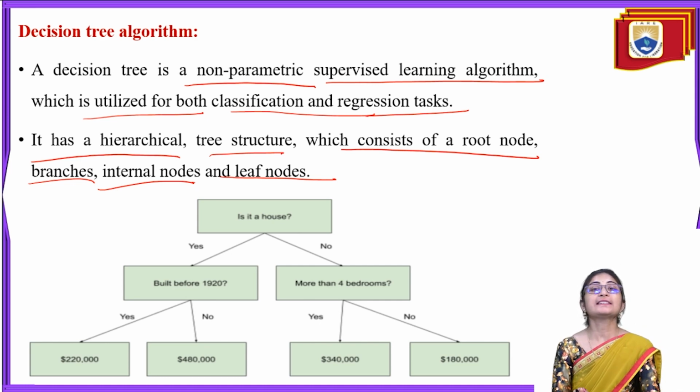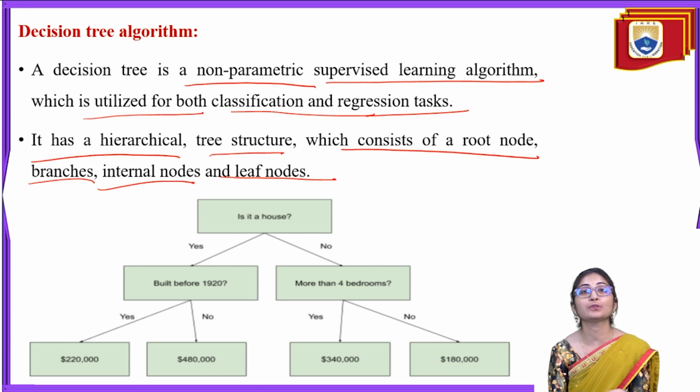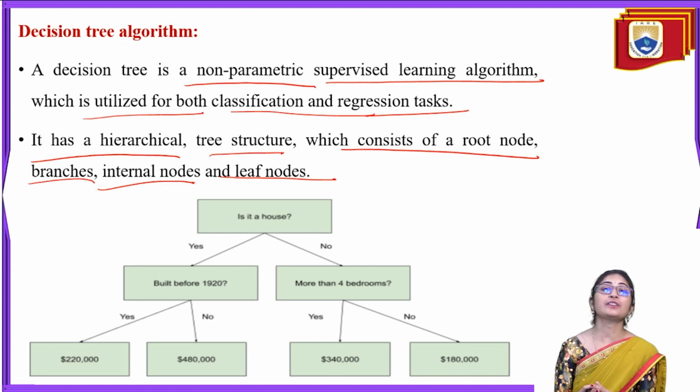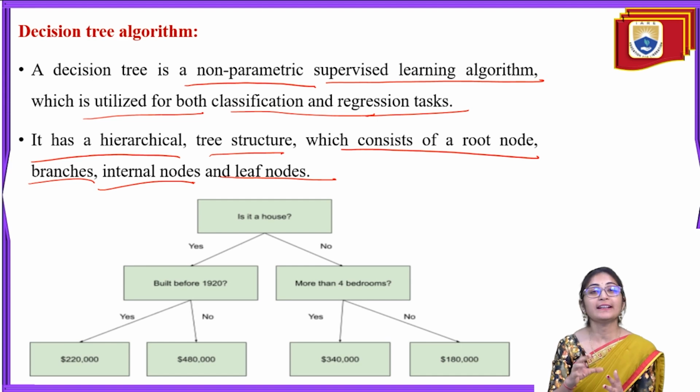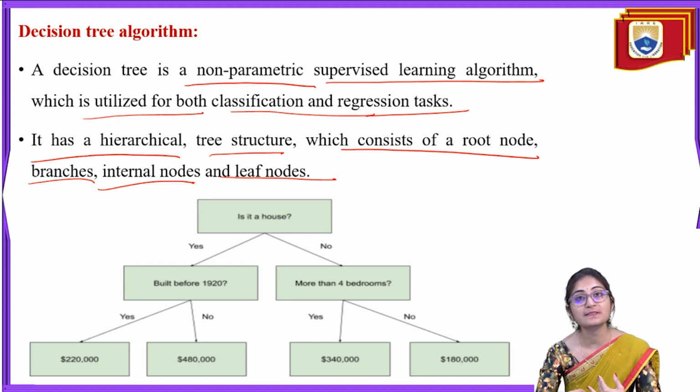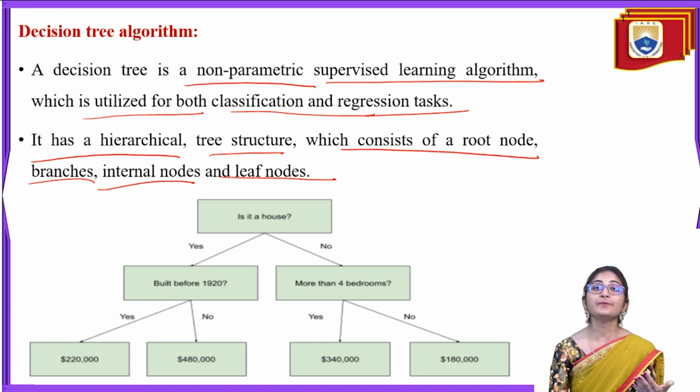So here the decision tree is a non-parametric supervised learning algorithm, and we can use it for both classification and regression tasks. Generally the decision tree algorithm is a hierarchical structure. It will contain a tree structure, and that tree structure will have root nodes, internal nodes, leaf nodes, and it will contain some branches also.